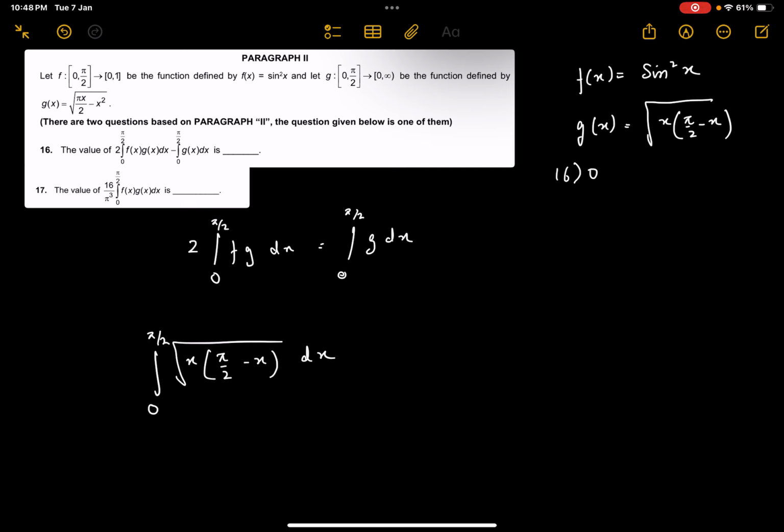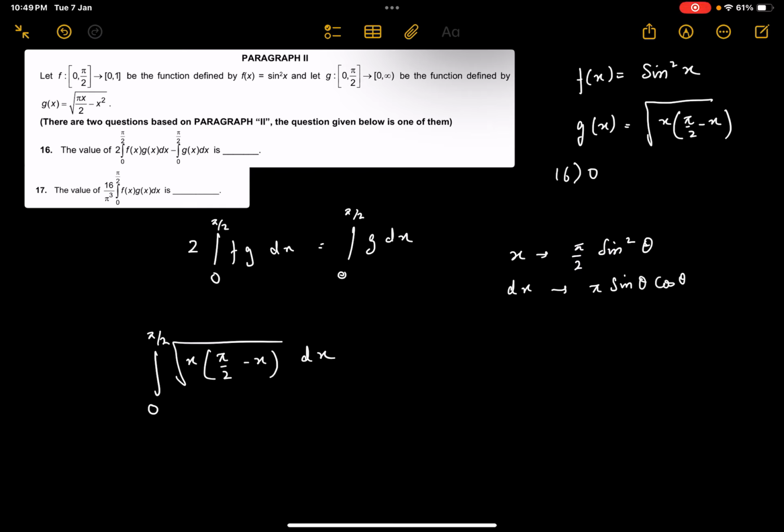We'll make a substitution here. We'll replace x by pi by 2, say, sine square theta, which gives us dx is pi, because the derivative of sine square theta becomes 2 sine theta cos theta. Let's just keep it this way, sine theta cos theta.